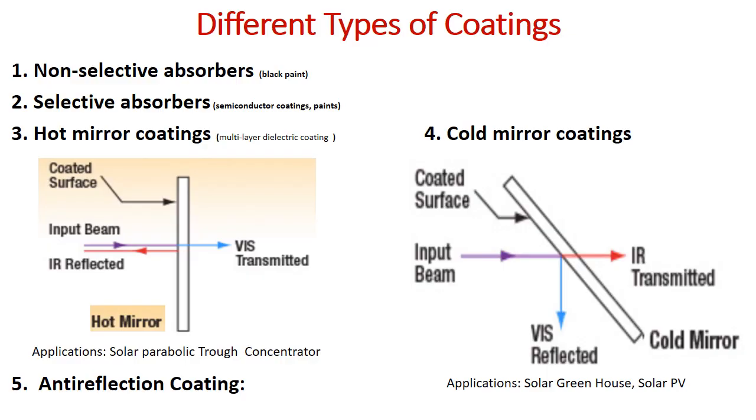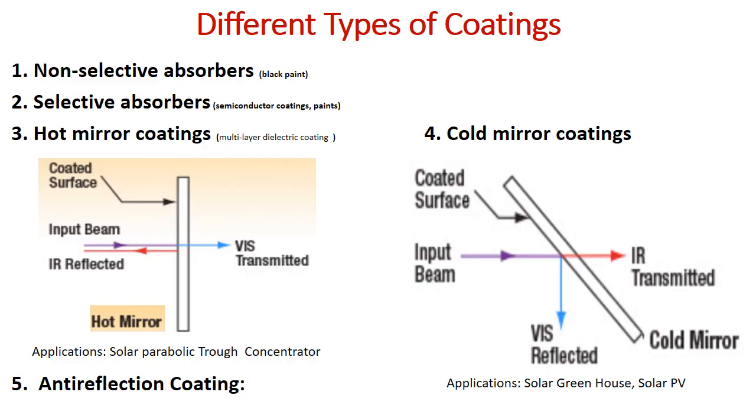An example of non-selective coatings can be our humble black paint. As you all know, the black color has the maximum absorption when compared to all other colors, and if we paint the material using black paint, it can increase the absorption rate. That is an example of a non-selective absorber.